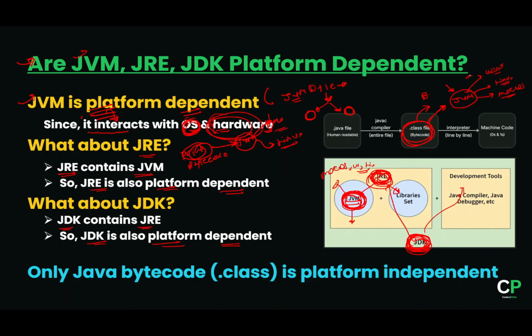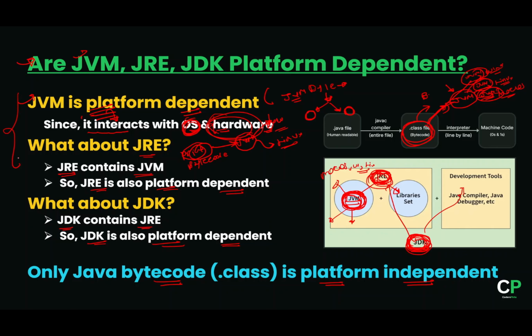For Windows, it converts to Windows specific instructions, for Linux to Linux specific instructions, and for Mac OS to Mac specific instructions. So the JVM is different for different OS: different for Windows, Linux and Mac OS. This .class file is converted into machine specific instructions by the different JVMs. So JVM is platform dependent, but only the bytecode is platform independent.